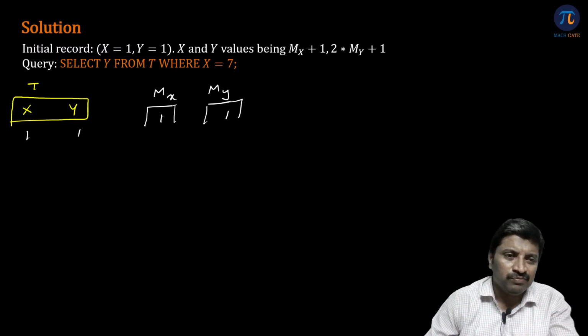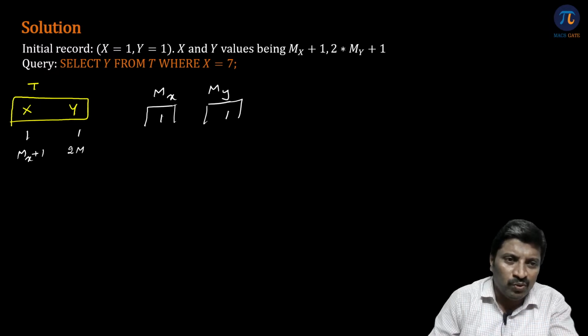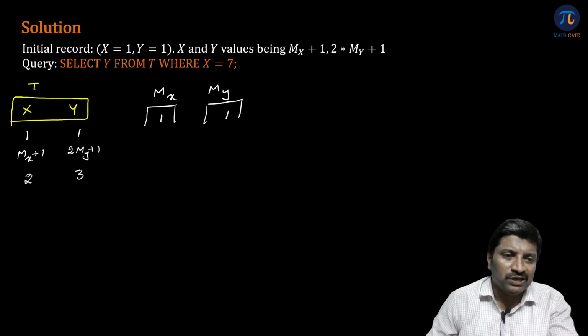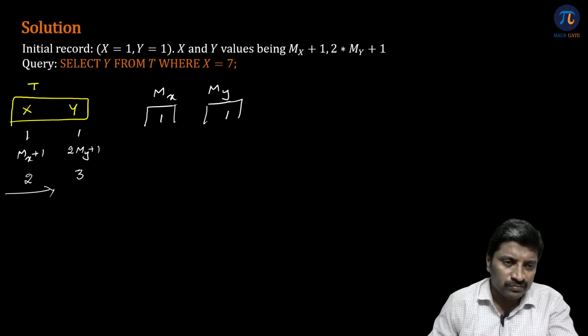Now I need to insert Mx plus 1, 2My plus 1. Then the first value will be 2, and here it will be 3. So the table now contains 2 records: 1, 1 and 2, 3.